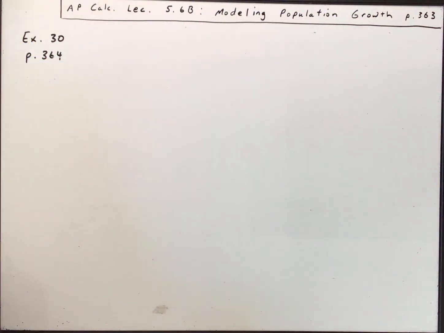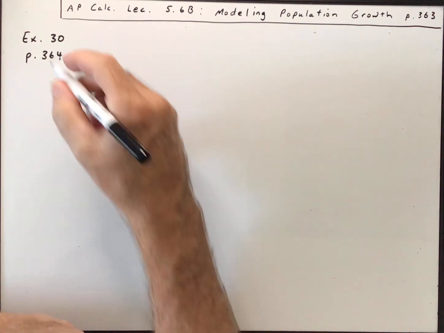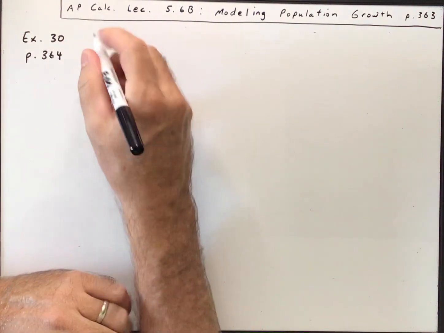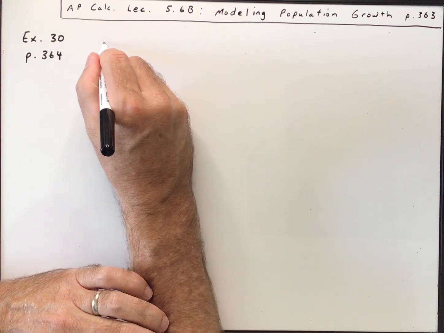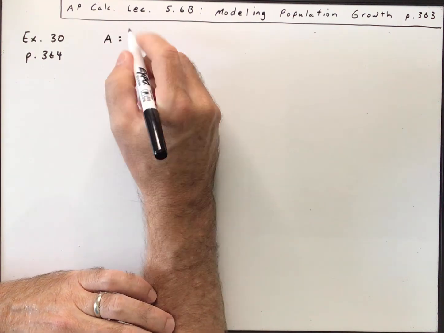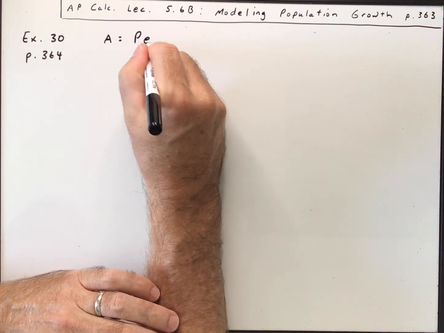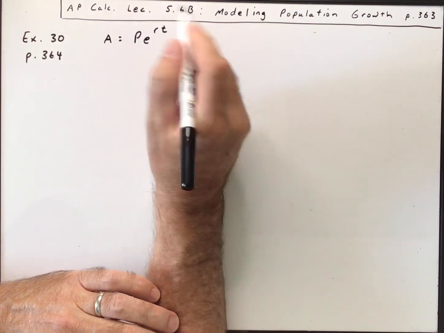Okay, so from the last section, hopefully you remember, our continuous compounding formula is A, our accumulated amount, is equal to P times e to the rt.